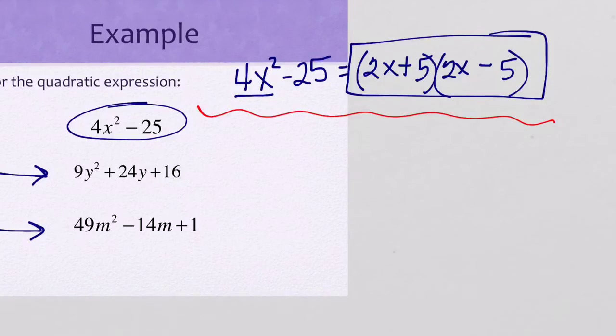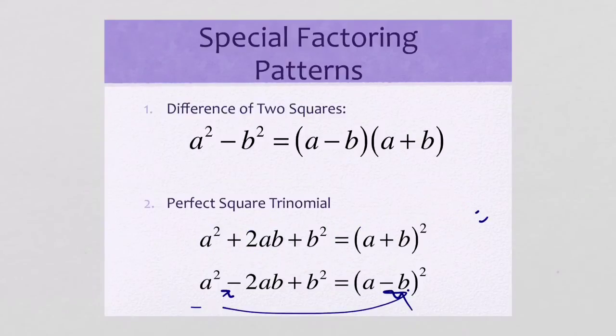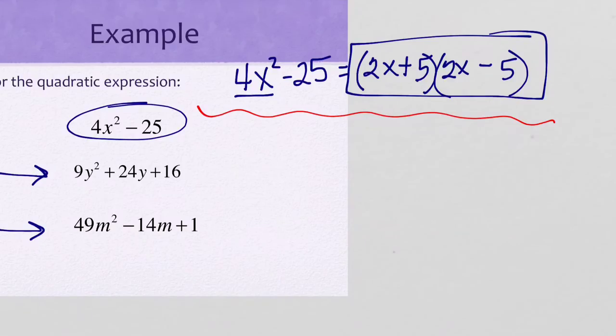Let's look at the next example. This one is a trinomial. So if you need to, refer back to the pattern. The pattern is the first term and the last term should be perfect squares. The middle term is a combination of the first root times the second root, doubled. So let's look and see if that's what we have.